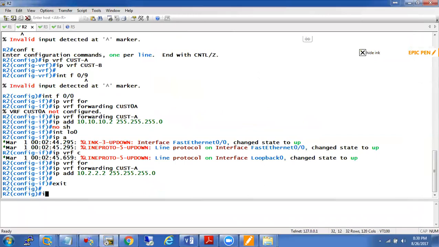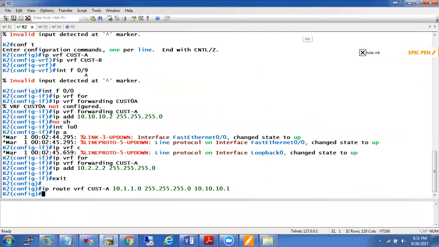How? If I do my normal route, 10.1.1.0, pointed to 10.10.10.1, this would put the route in the global routing table. I need to put the route inside my VRF. This is how you do a static route inside a VRF.